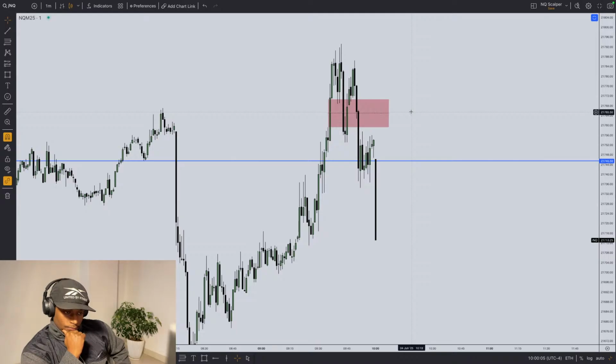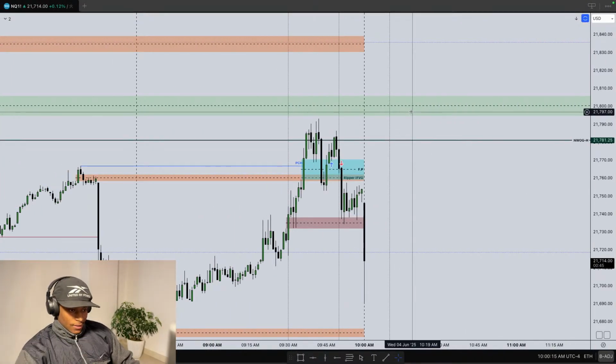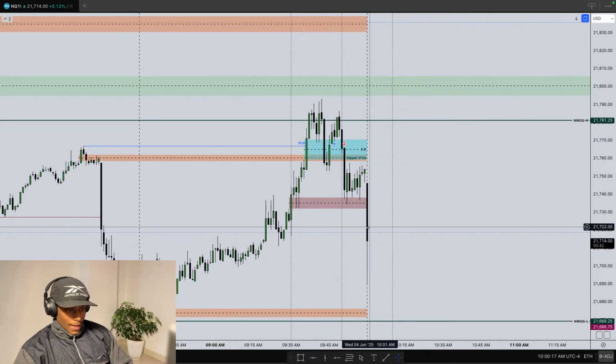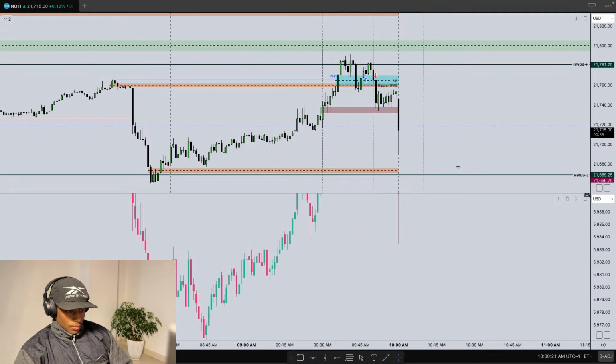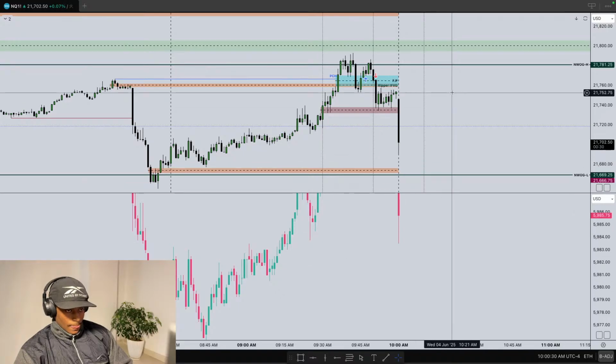Okay, very energetic, very energetic. Now you want to be very careful in this. Just like I said yesterday, when we have huge wicks, this could possibly have a very huge wick. So that's also an SMT with ES. Let's see how this closes and everything.